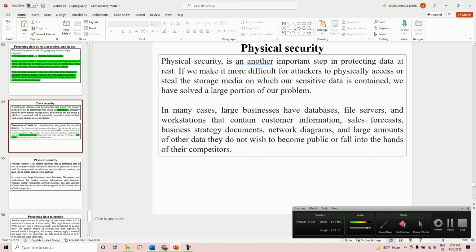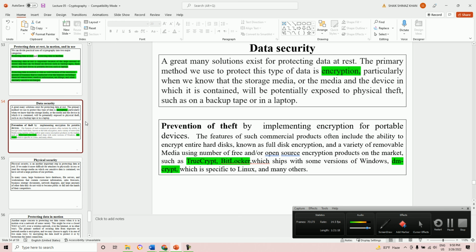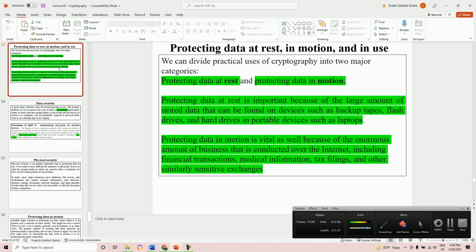So next, what we discussed here is about securing the data at rest as well as in motion. The best solution is to use encryption techniques, symmetric as well as asymmetric.